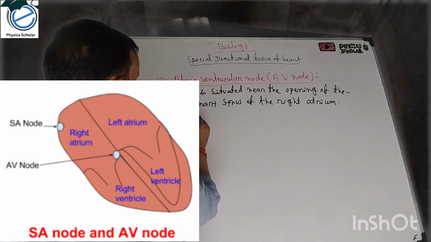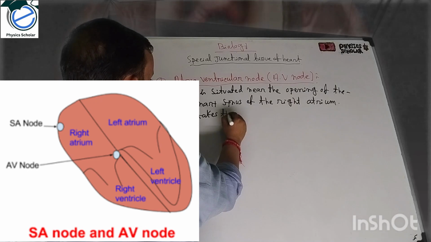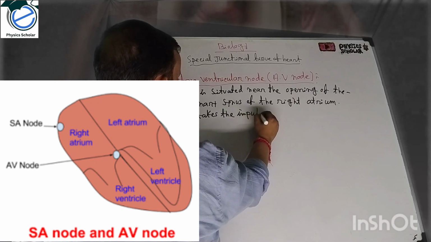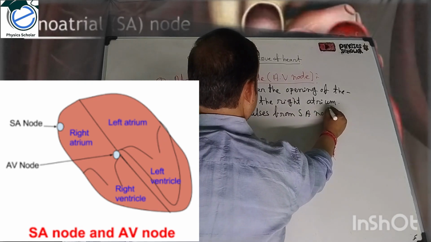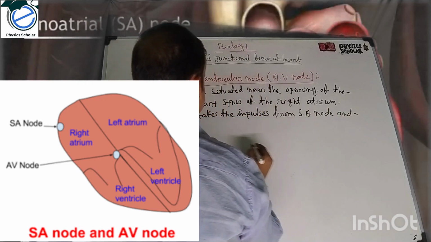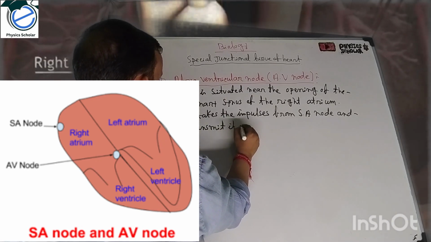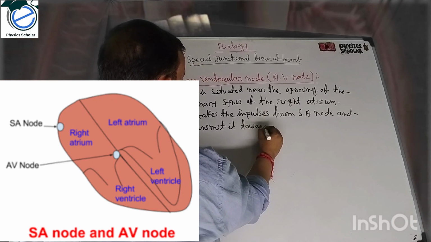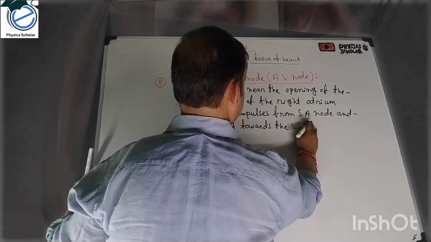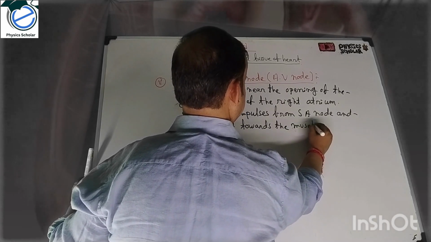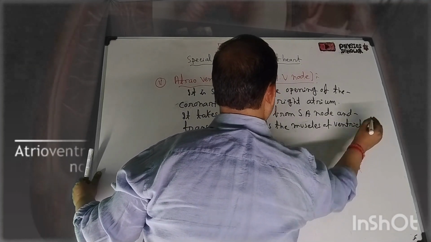Okay, it takes the impulses from the SA node and transmits them towards the ventricles, the muscles of the ventricles.